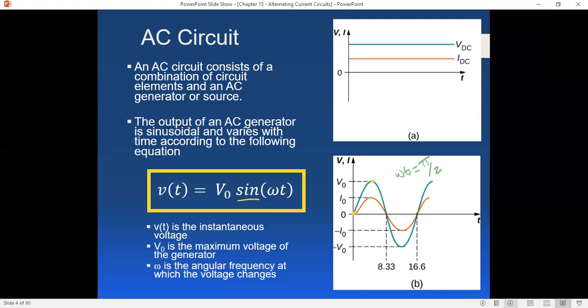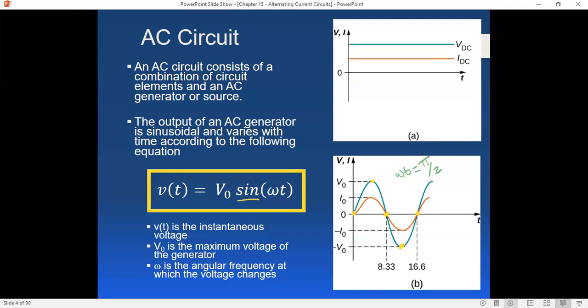The sine of pi/2 radians is 1. Then we get to 180 degrees, and the sine of 180 degrees is 0. The sine of pi is 0. And then finally, down here, we are at omega t equals 3pi/2, or 270 degrees. And then the whole thing repeats itself over again.